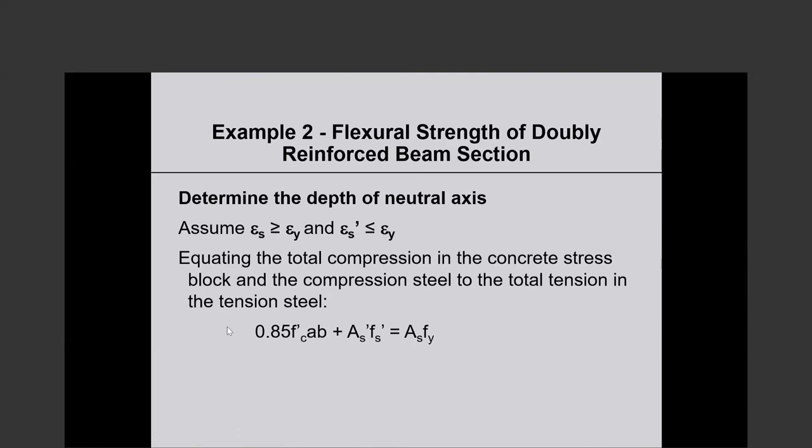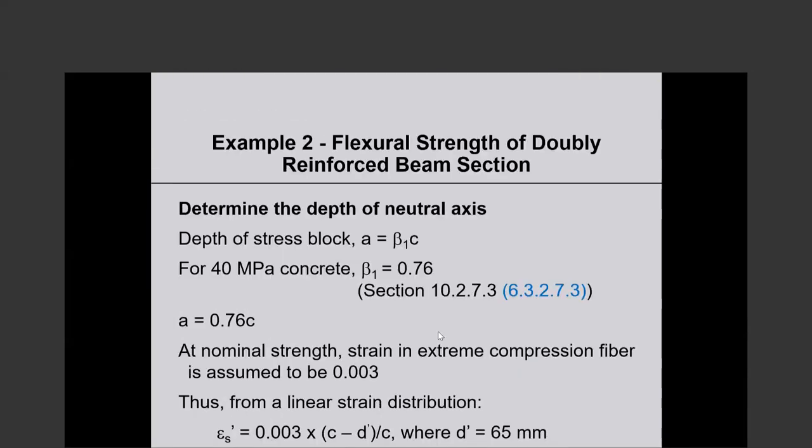Okay, equating the total compression in the concrete stress block and the compression steel. So we have two compressive forces, one in the concrete, compression concrete, one in the compression steel. The total compression we would equate to the total tension, A sub S, F sub Y. Okay, this is compression in the concrete. This is compression in the compression steel. This is tension in the tension steel.